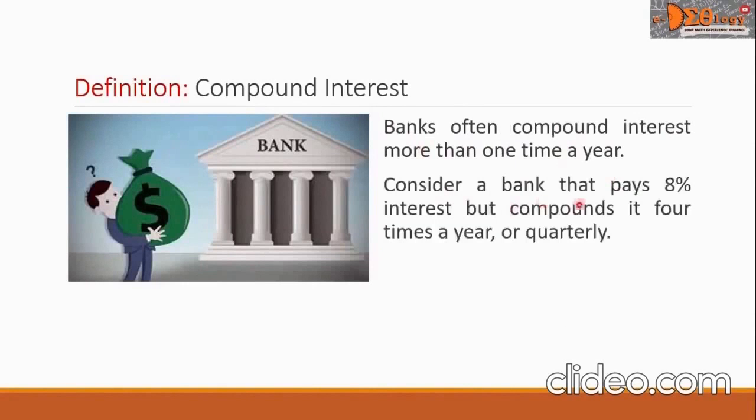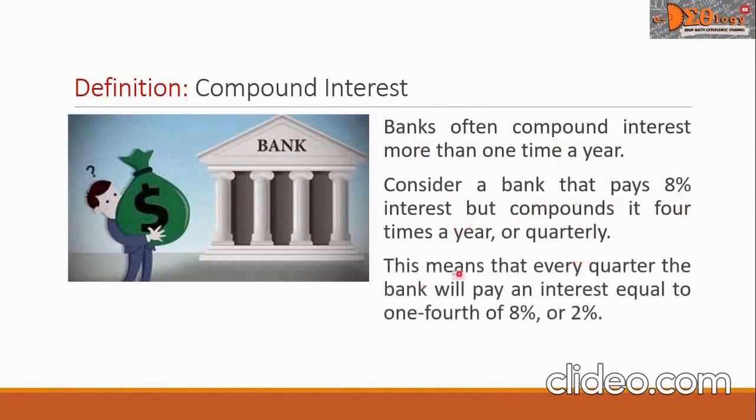Consider a bank that pays 8% interest but compounds it 4 times a year, or quarterly. This means that every quarter the bank will pay an interest equal to 1/4 of 8%, or 2%.